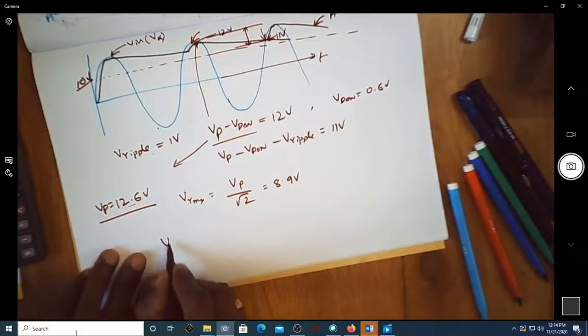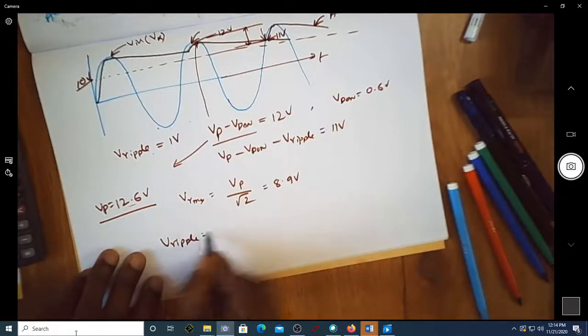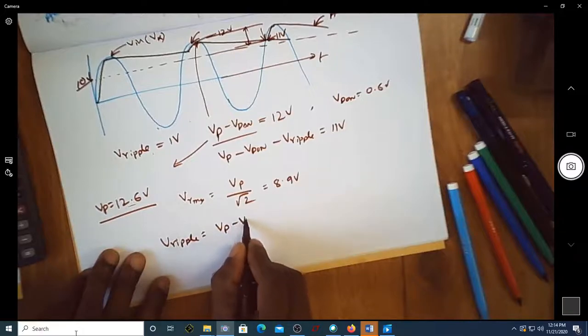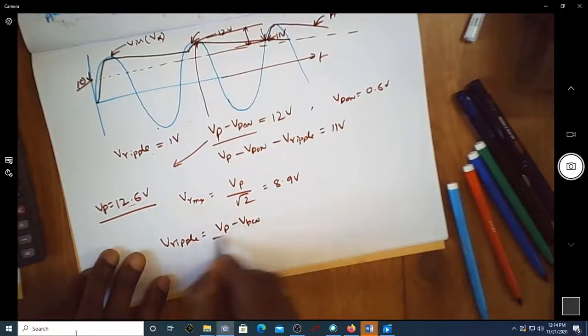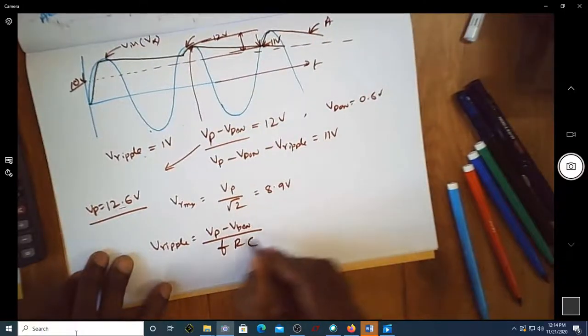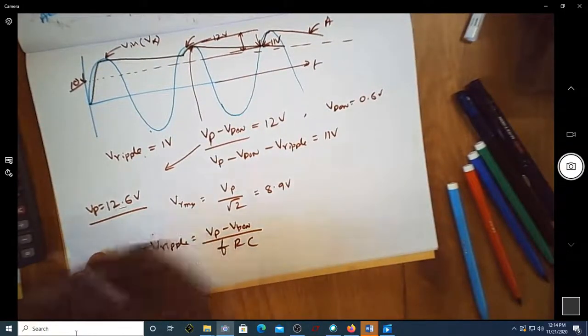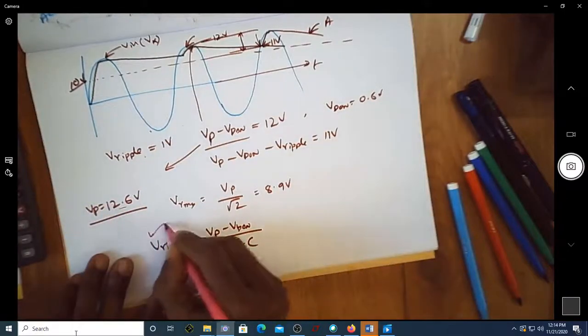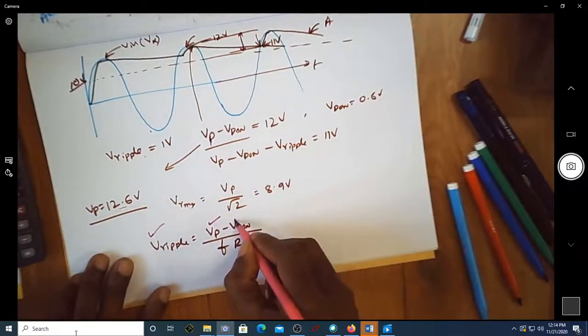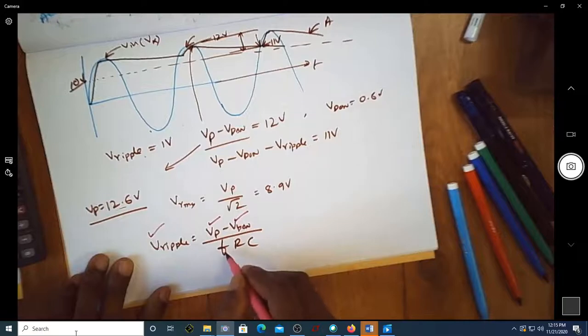So what is the expression for V ripple for a half wave rectifier? V ripple is given by Vp minus Vd on by f R C. Now we know this value of V ripple, which is 1 volt. We know Vp, we know Vd on, we know the frequency, which is 50 Hz.